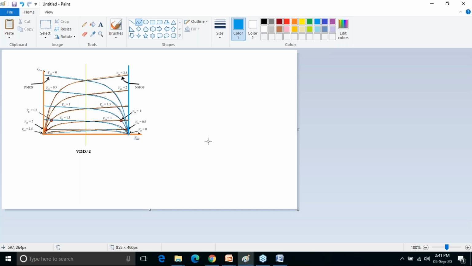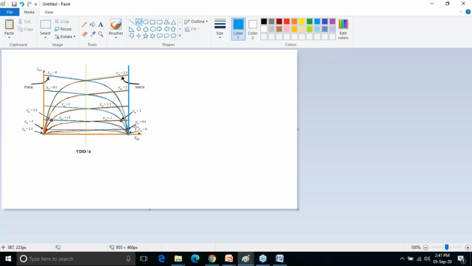Hope you are following properly. Why this 0 is written, I will be telling you. So first you need to draw this particular orange line, then this blue line. Orange line is related to N MOSFET, blue line is related to P MOSFET, and we need to show overlapping of that so as to correlate with our inverter circuit over here.